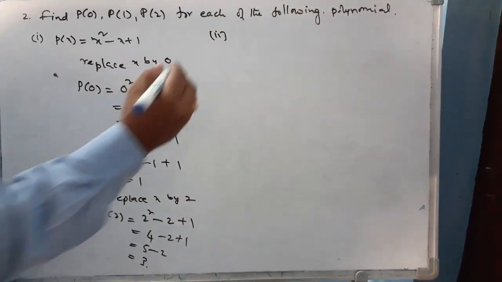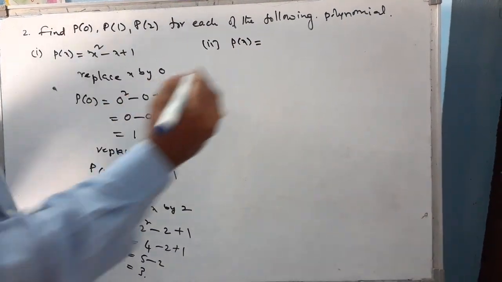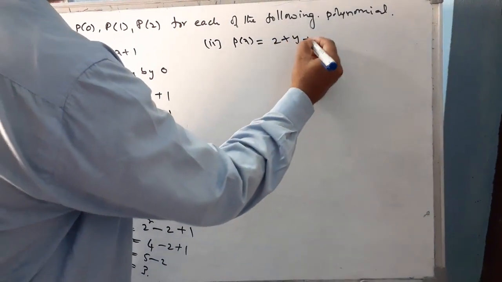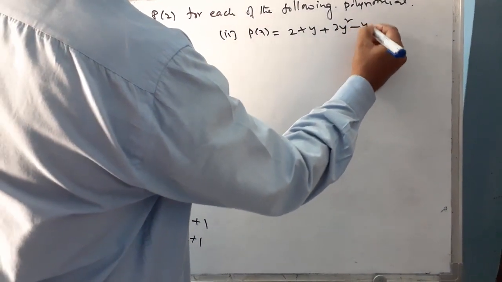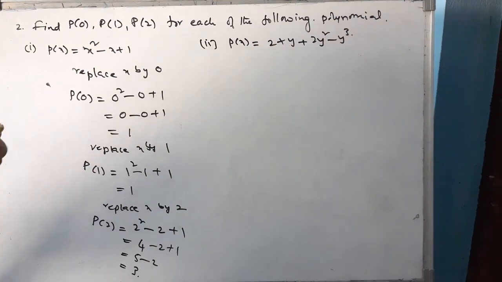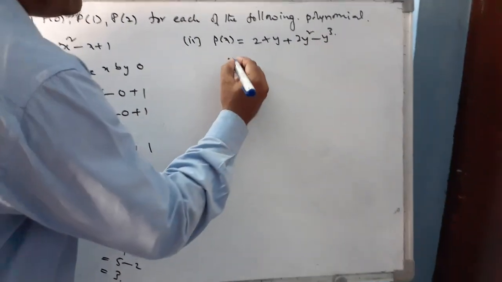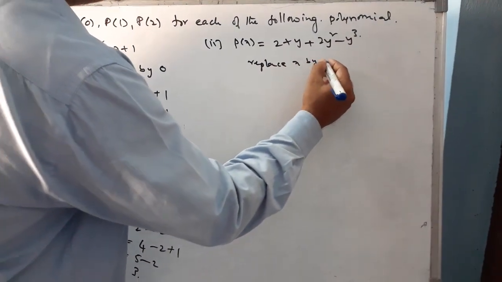The second problem, p of y equal to 2 plus y plus 2y square minus y cube. Now we have to find the p of 0, p of 1, p of 2. For this one, replace y by 0.